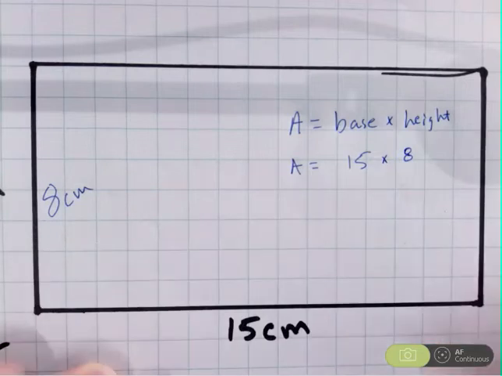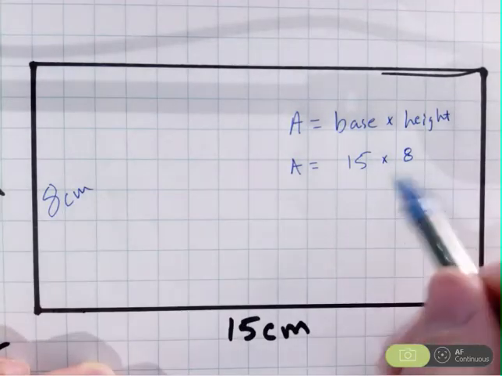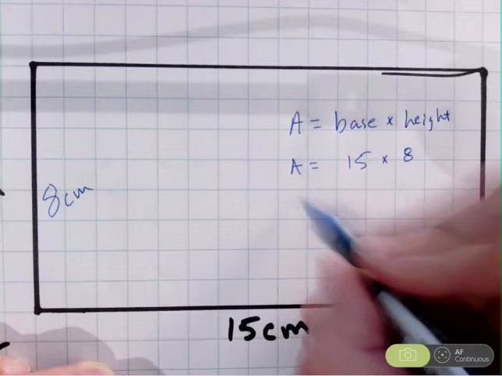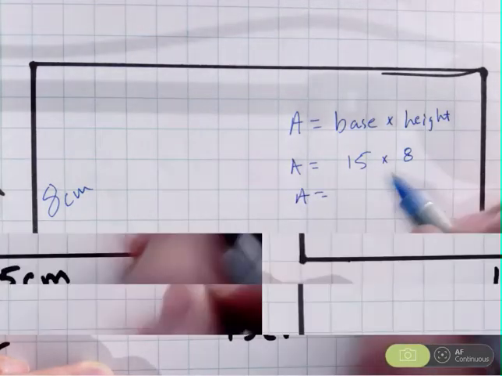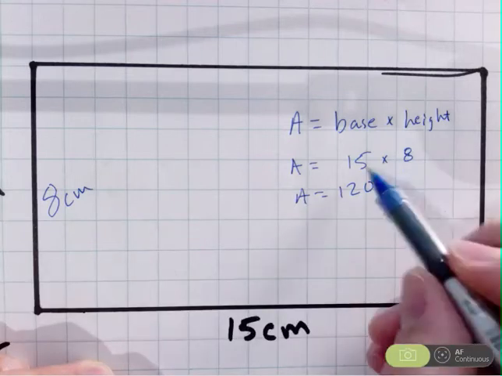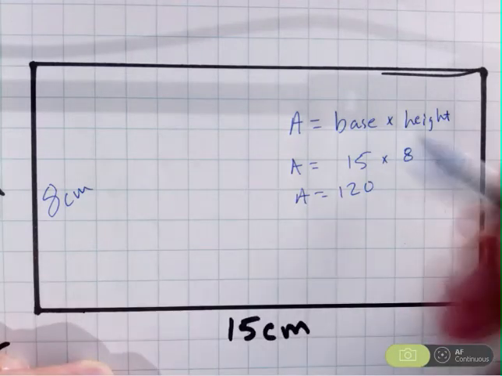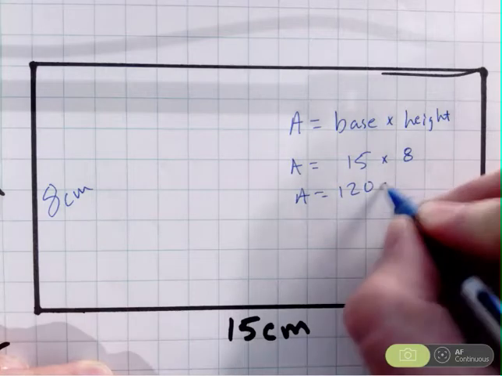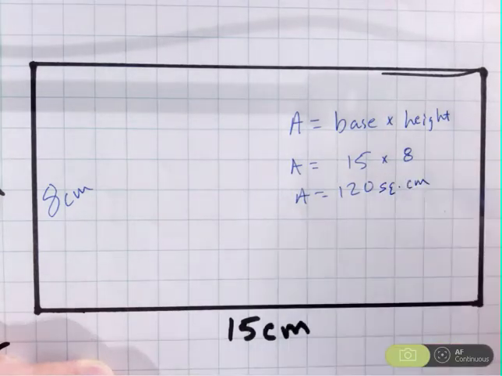We'll break this down into 15 times 4 twice because that's how I do the math in my head. Anyways, 15 times 8 is going to be 120. If you need to break that down, 15 times 4 would be 60, and then there's 2 of those. So this is going to be 120 square centimeters.